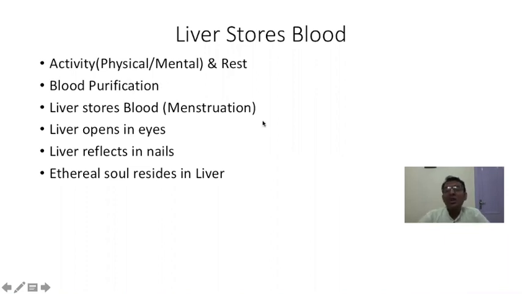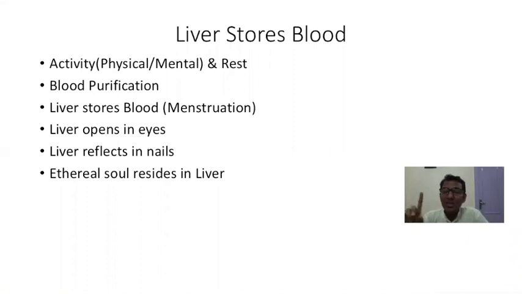When we eat, the food goes through the stomach and the small intestine absorbs the juices. When it absorbs, before it gets converted to blood, it is not in blood form, right?